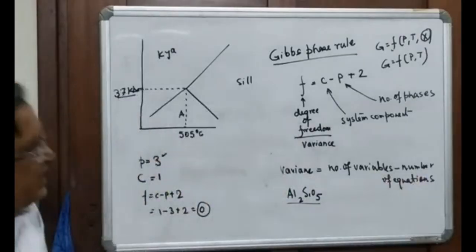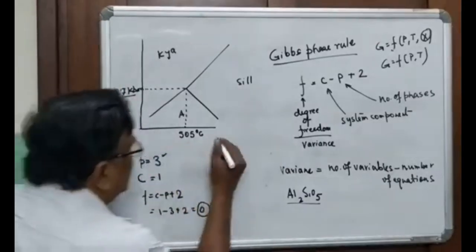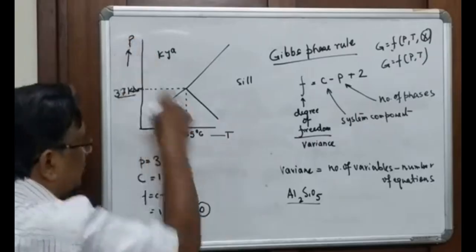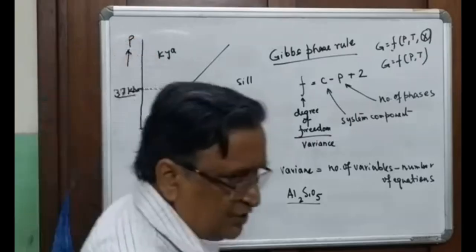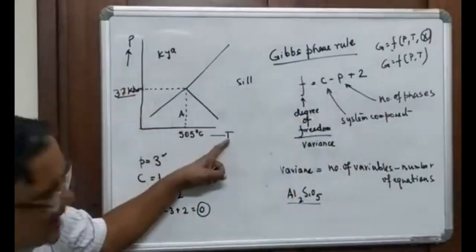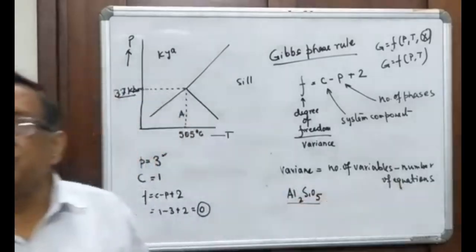That means you have now two variables here, isn't it? This is temperature and this is pressure. These are the two variables in this graph. Sorry that I did not write it earlier. So, if there are two variables, then there are two equations.